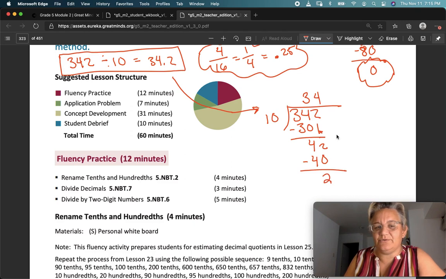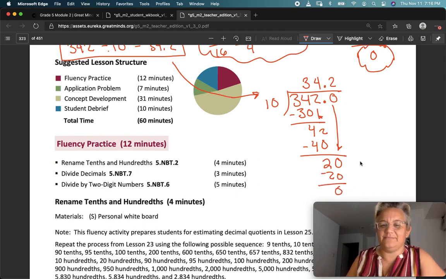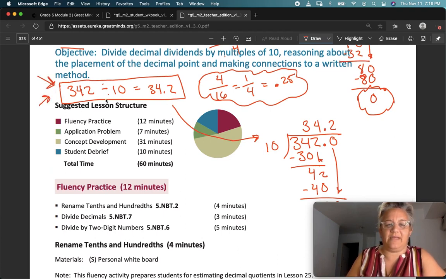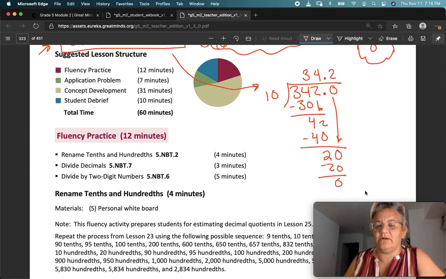I have 2, so it would be 34, remainder 2, but I'm going to add a decimal point and a 0, and I'm going to bring that down, and now I can say 2 times 10 is 20, and now I have 0, okay? So we've already done this. You remember doing it. Okay, the answer hasn't changed. Now we're just showing that work with long division.